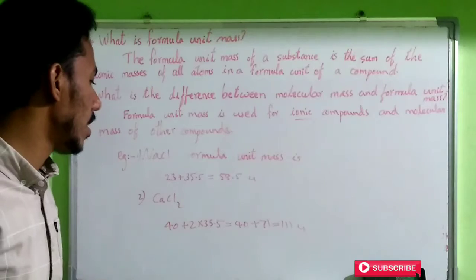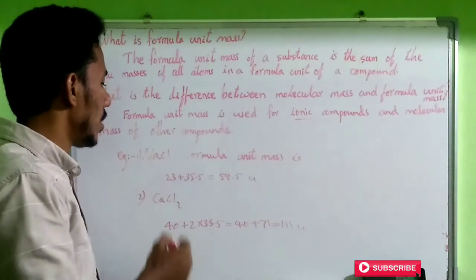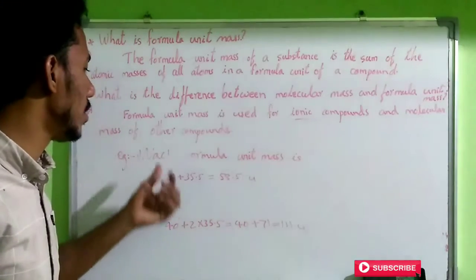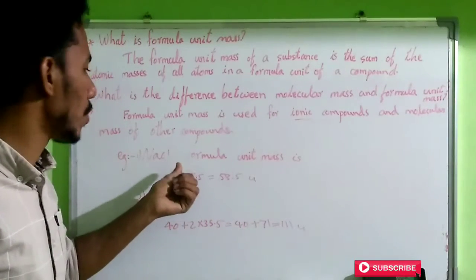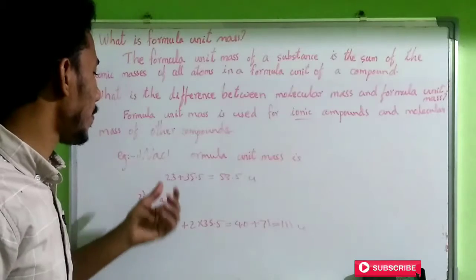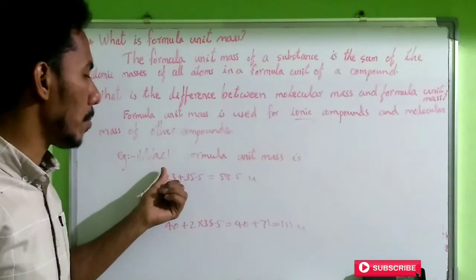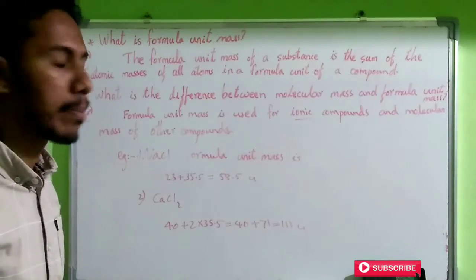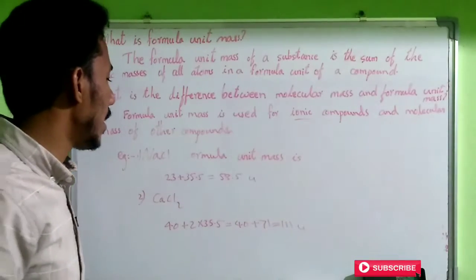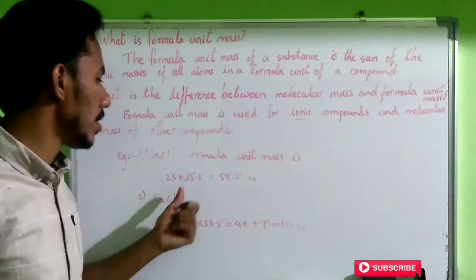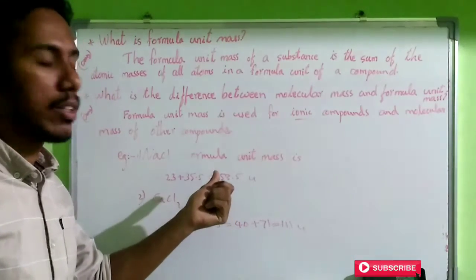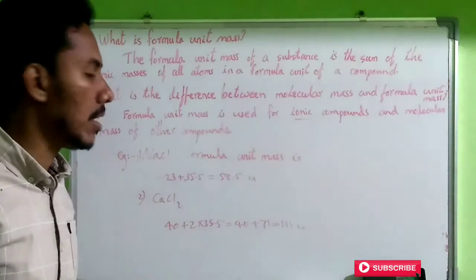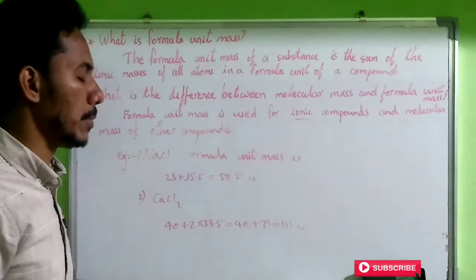Examples: NaCl, CaCl2. Because here sodium transfers electrons to chlorine, this is an ionic compound. So what is the atomic mass of sodium? We studied it: 23, and chlorine 35.5. So the sum, the formula unit mass of NaCl, is 58.5 AMU.